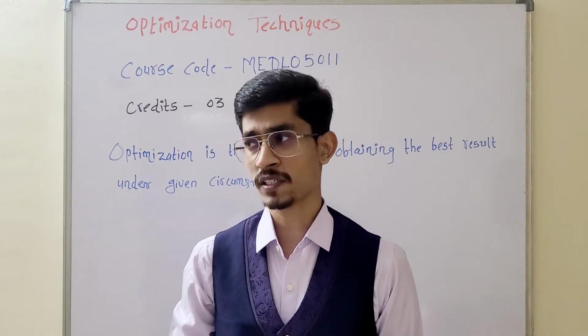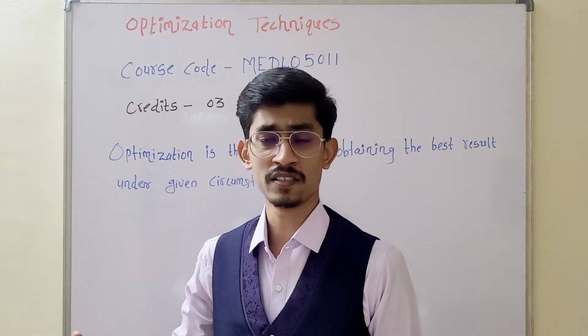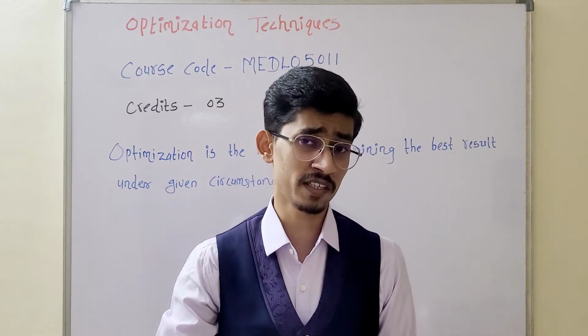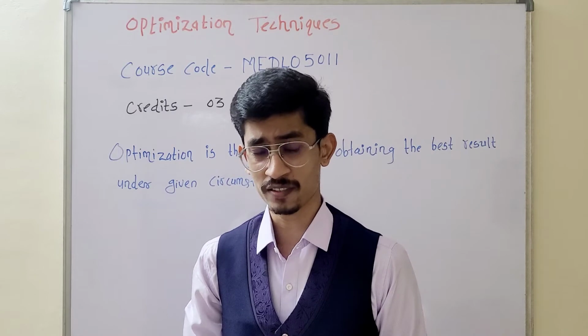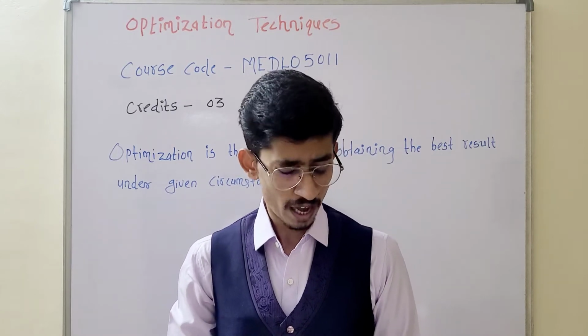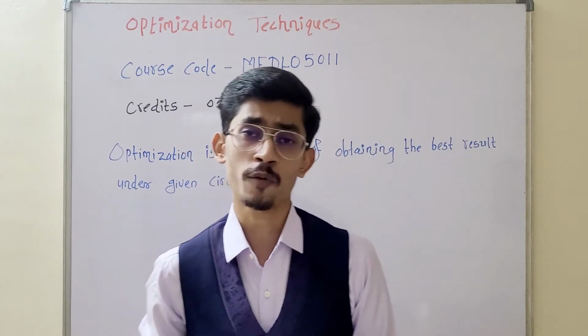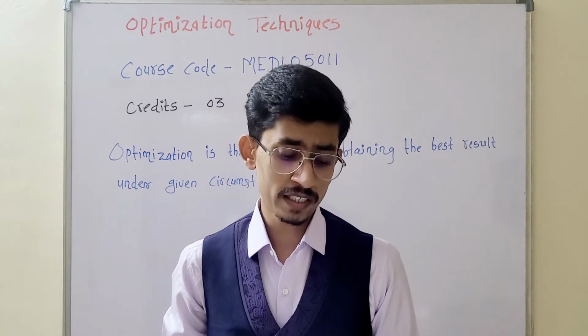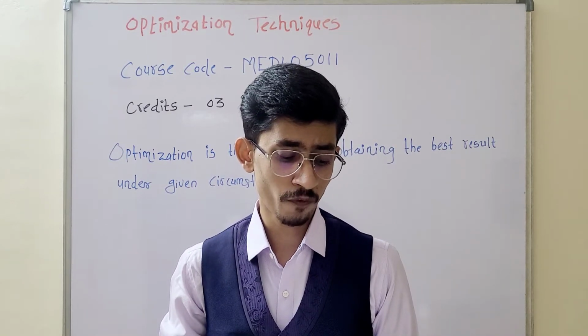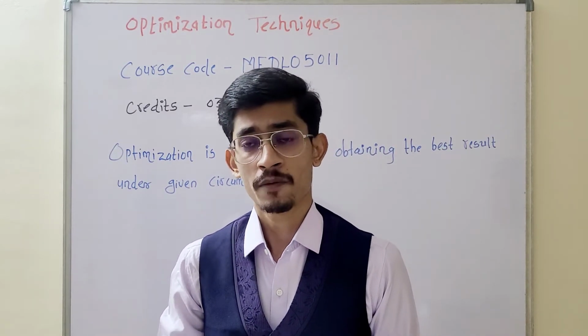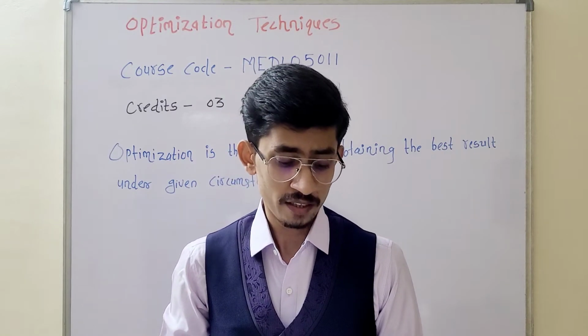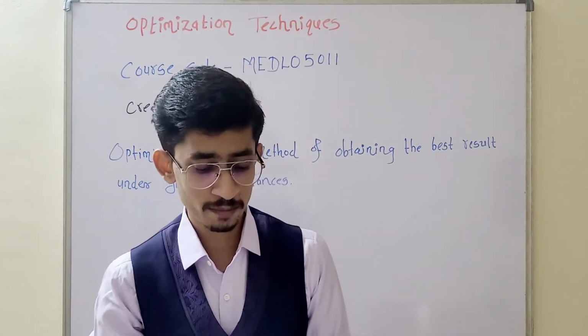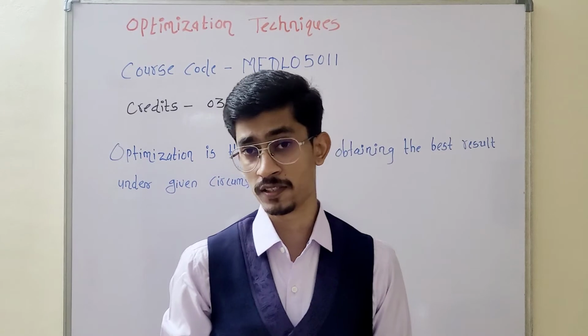But from the engineer's perspective, the researchers' perspective, the mathematicians' perspective, how can we define optimization? That is another way. I have one more definition: optimization can be defined as the process of finding the condition that gives the maximum or minimum value of a function.